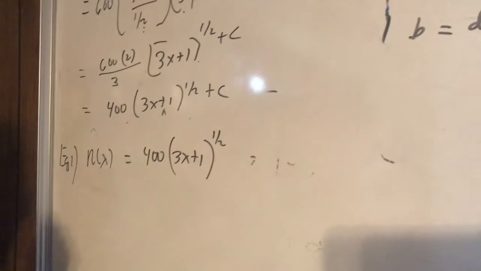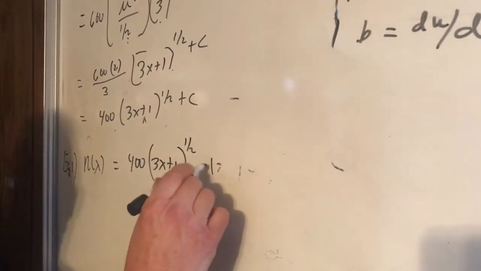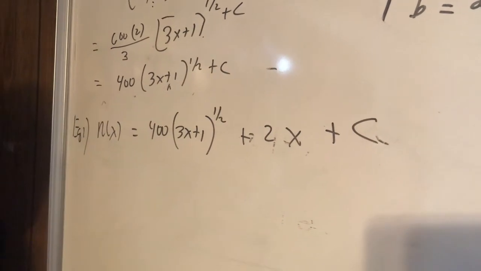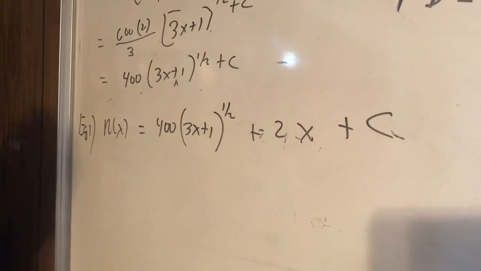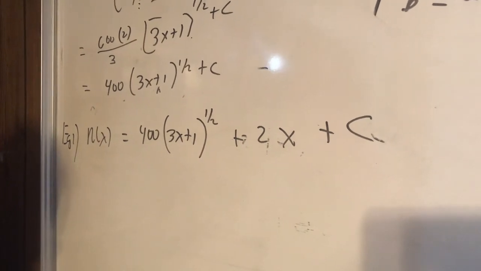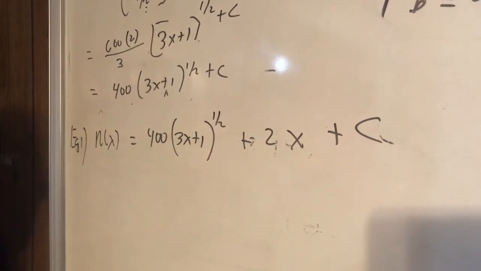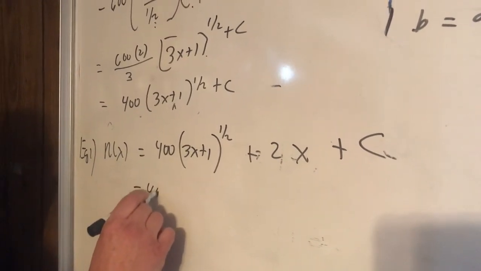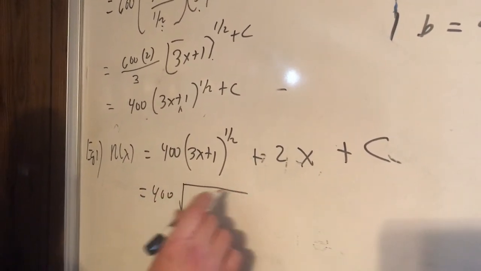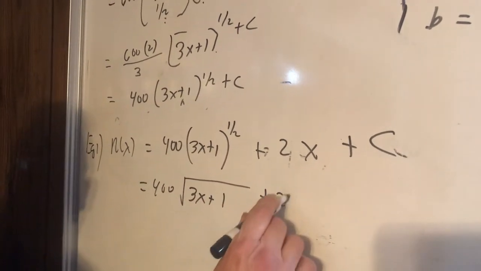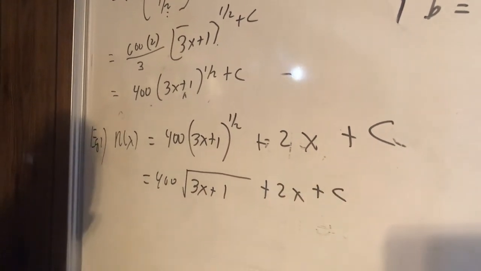I only need one C, so I don't have to worry about it, plus 2x plus C. All right? I believe that gives you the answer. I could write this as 400 times the square root of 3x plus 1, plus 2x plus C.